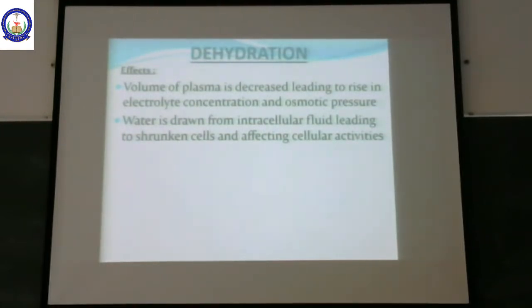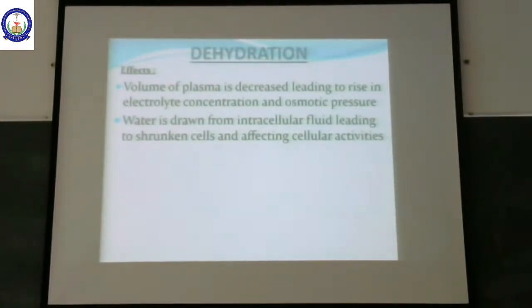The plasma has been lost, so the blood has become very concentrated. Let's take the RBCs. The concentration of solutes is high in the plasma and very low in the RBCs.